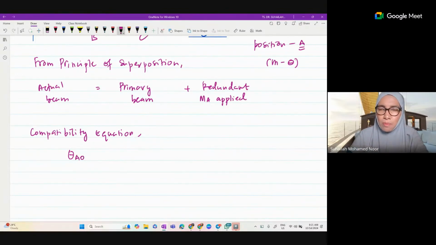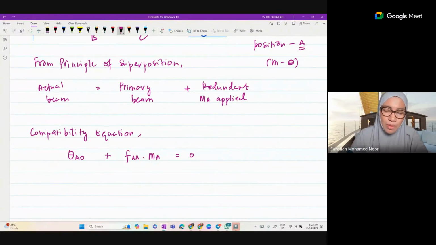So this is the rotation at position A for the primary beam, plus the redundant. For the redundant we always use F, position A, redundant MA, so it becomes FAA times the moment at A, and this is equal to 0. So we start from this.